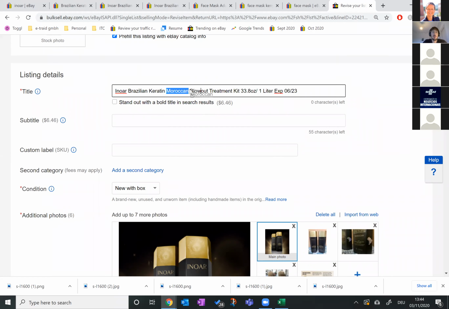Then we have blowout as a keyword, blowout treatment, and then it's a kit, and it's 1 liter. So the point here is to make sure to use all the characters in the title, because every keyword that you add is potentially more customers that find your listing.